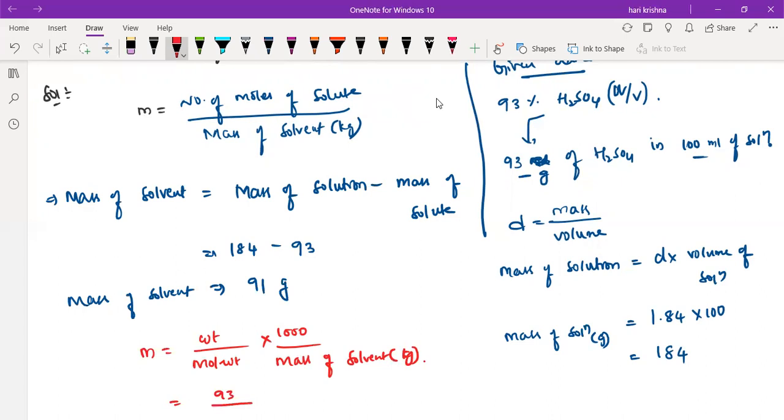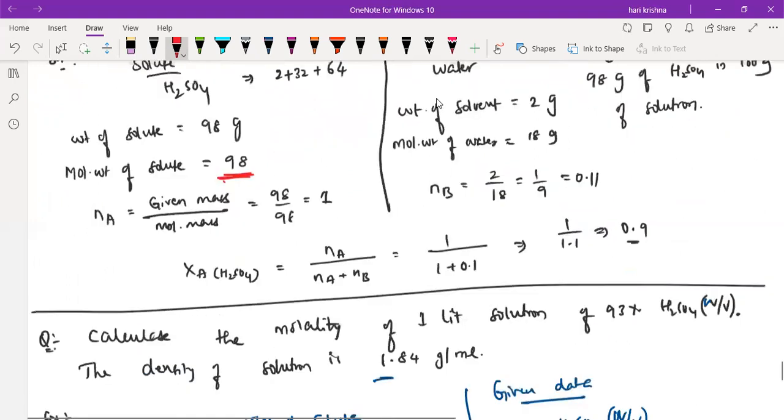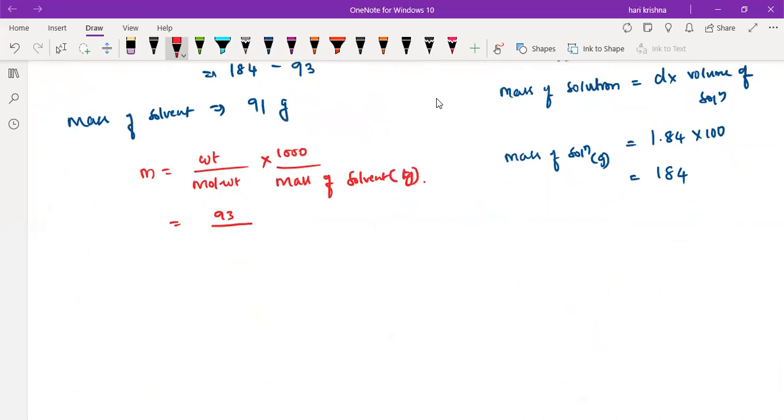What is the molecular weight of H2SO4? 98, right? So 93 by 98 into 1000 by 91. If you solve this, you'll get the answer.